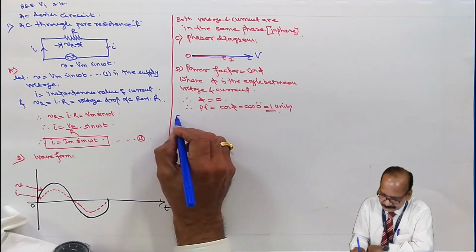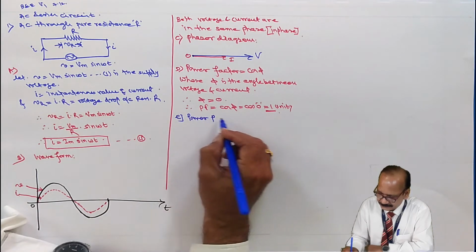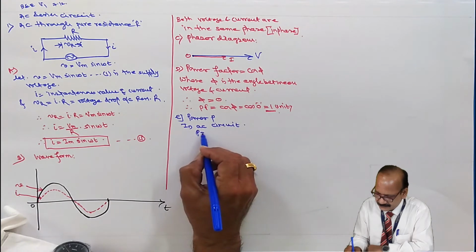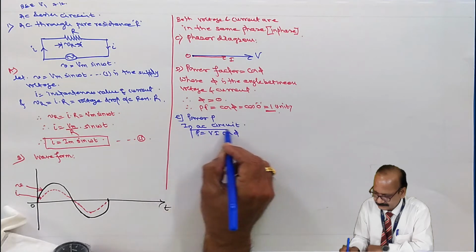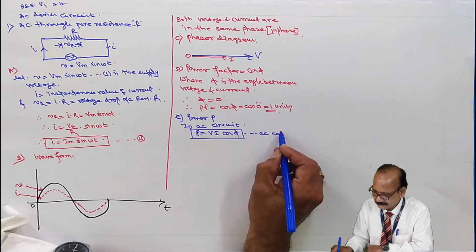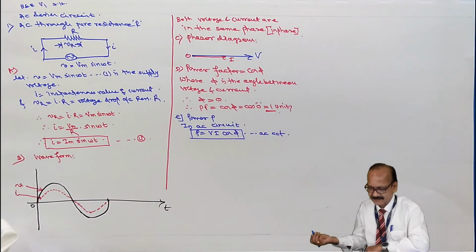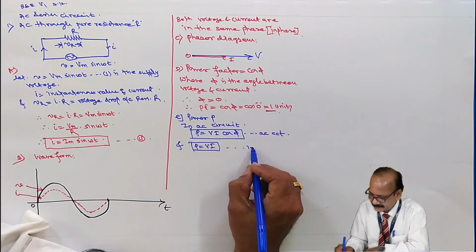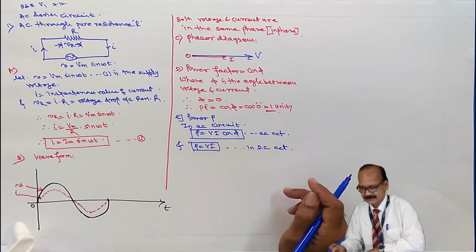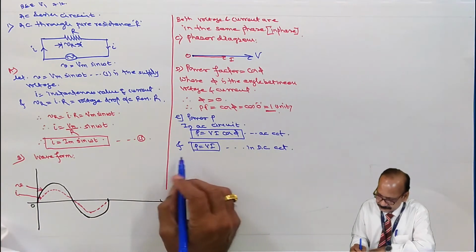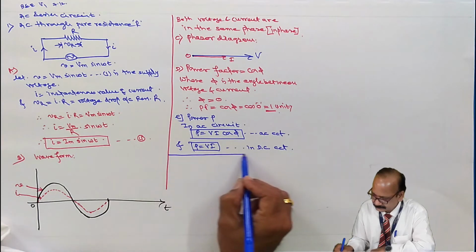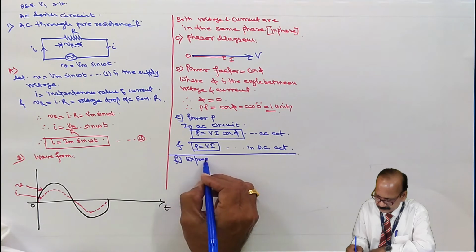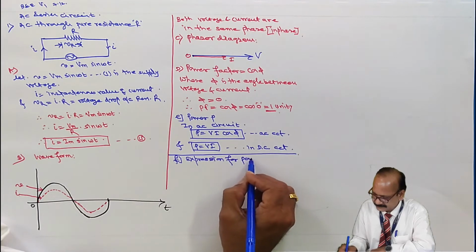Now the power P in an AC circuit, P equal to V I cos phi, where cos phi is the power factor, and P equal to V I in a DC circuit. Now the expression for power.